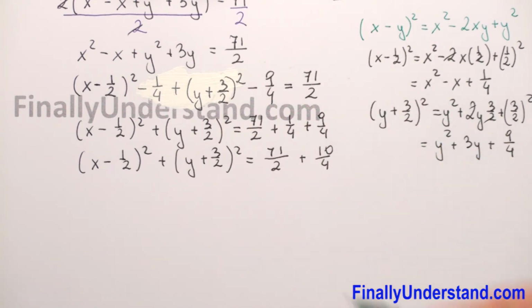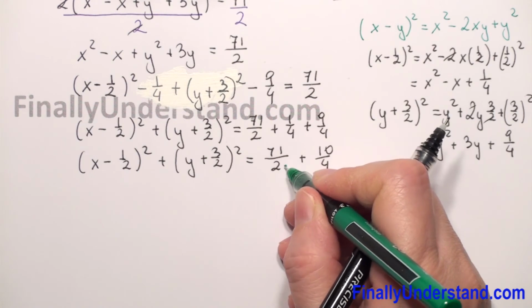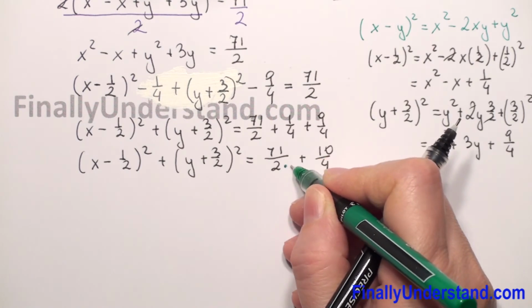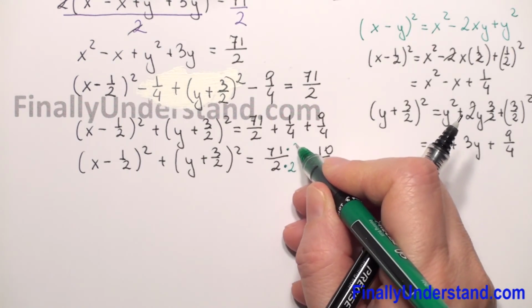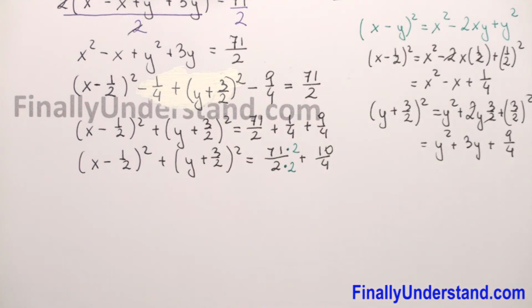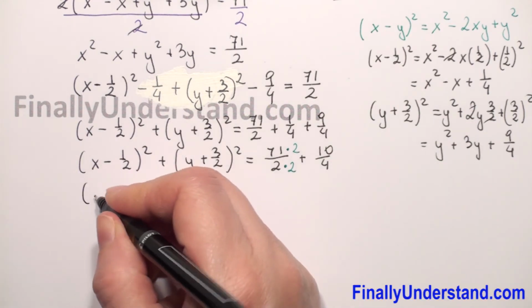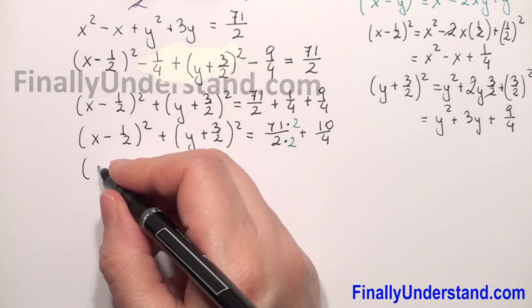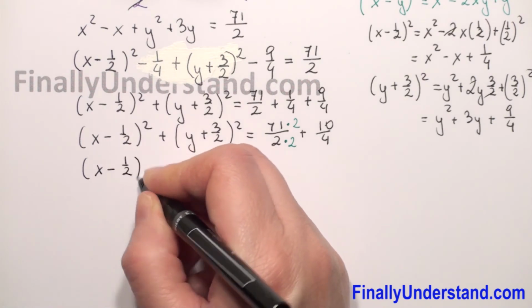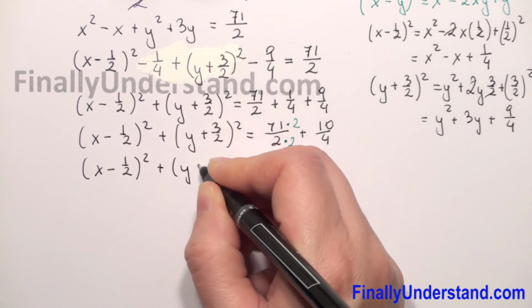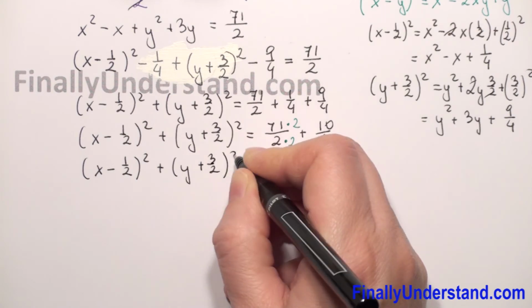Because I have 4 in the second fraction, so I will multiply numerator and denominator by 2 to get the same denominators. So left side one more time we will rewrite x minus 1 over 2 to second power plus y plus 3 over 2 to second power.